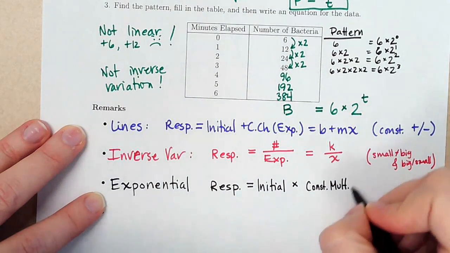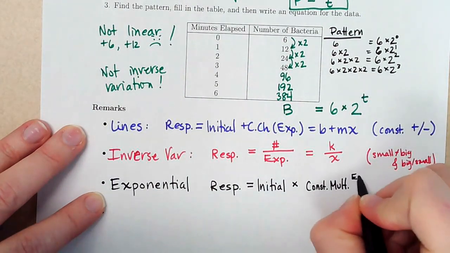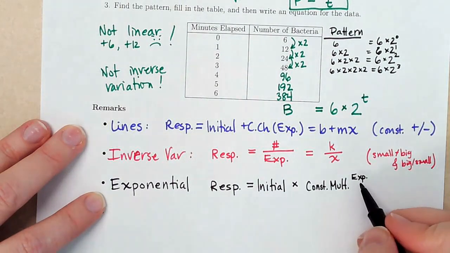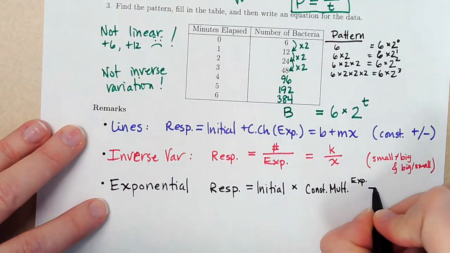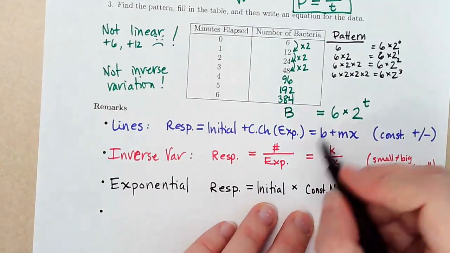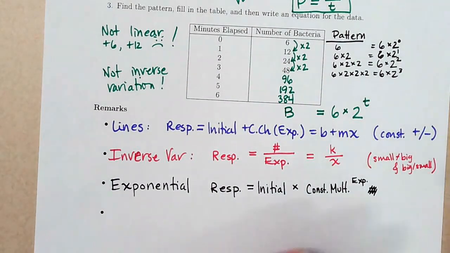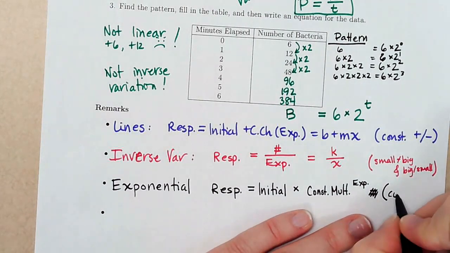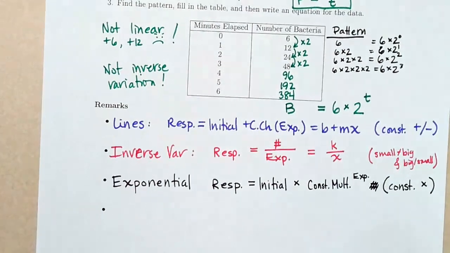And then to the explanatory variable, so that's in the exponent. I am going to say that the pattern was a constant multiplier.